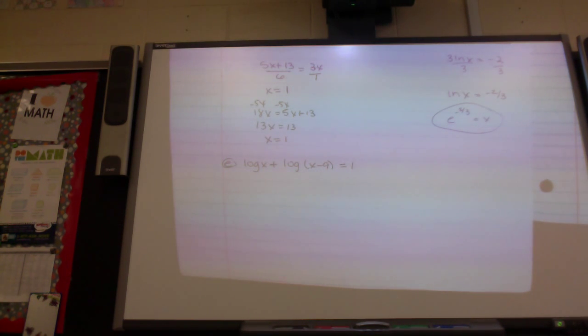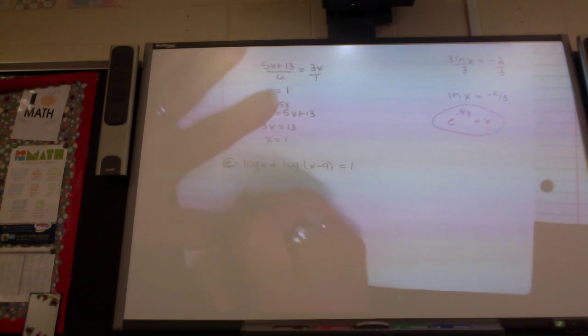So what about this one? Multiply them together. So we have log of x times (x minus 9) equals 1.